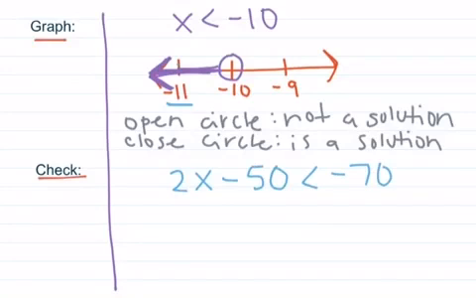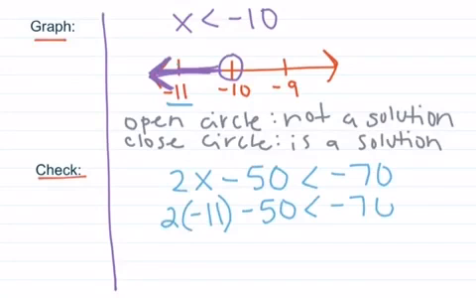We're going to check just like we did on two-step equations. With inequalities, we know there are multiple solutions. One of the answers that I shaded was negative 11, so I'm going to choose that.